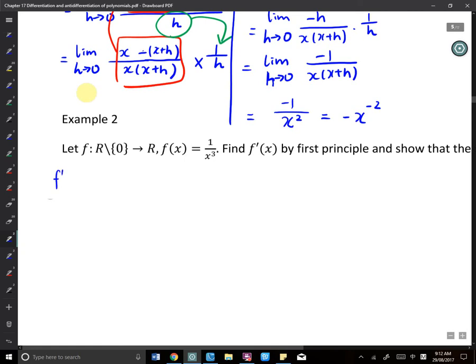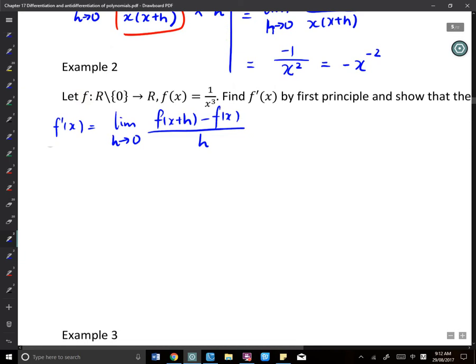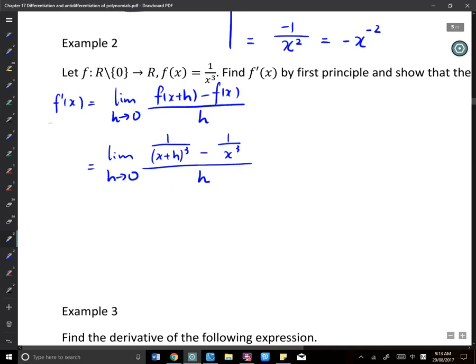So f dash x equals the limit as h approaches 0 of f of x plus h minus f of x, over h. That's the first principle. And that's the limit as h approaches 0 of 1 over x plus h cubed minus 1 over x cubed, over h. Everyone did this step correctly, I'm very glad.